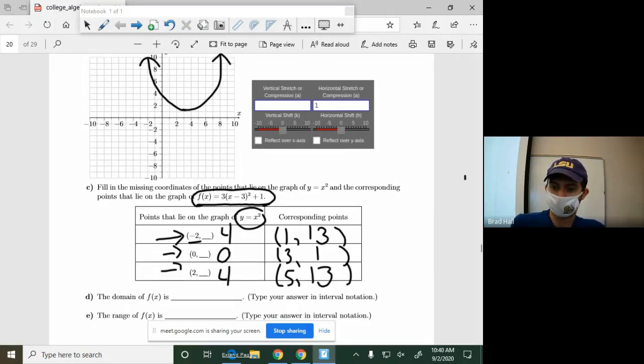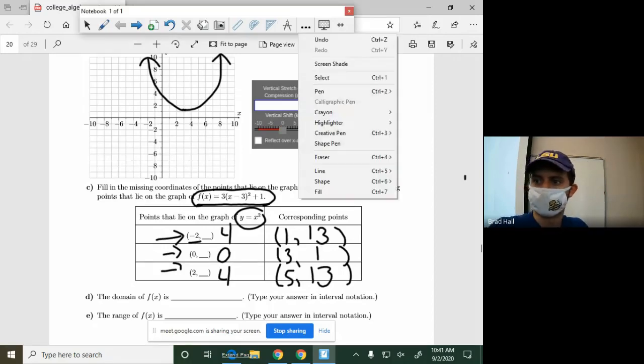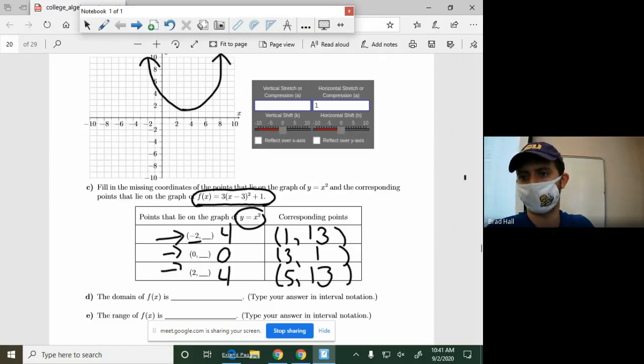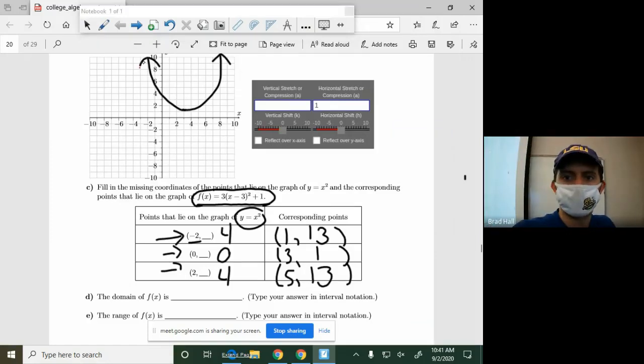So we'll go ahead and knock the domain and range out. Since we have the graph, we can figure out the domain and range fairly quickly. The domain is furthest to the left versus furthest to the right. Furthest to the left, I see this arrow.